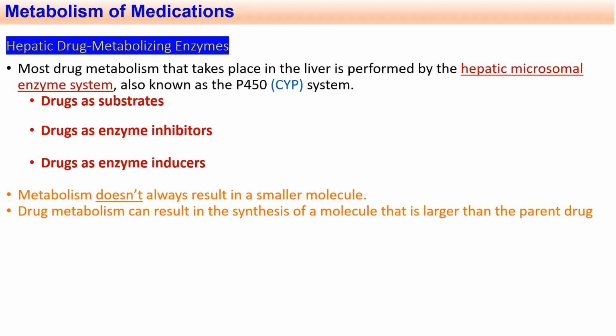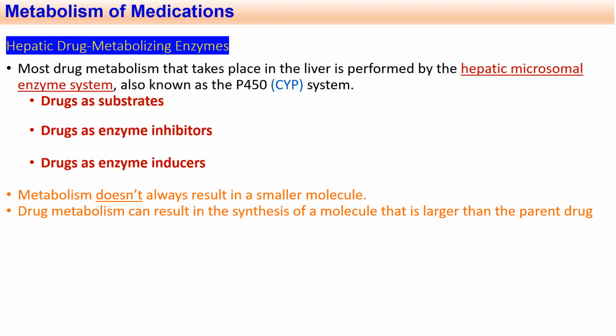So if the Cipro inhibits the naproxen metabolism, that will result in less inactivation of naproxen. In other words, that will increase naproxen blood level and prolong drug effect. So that inhibition of the metabolism had resulted in increased naproxen blood level.